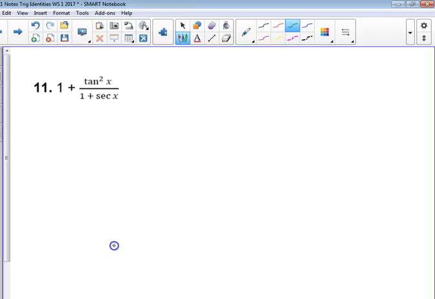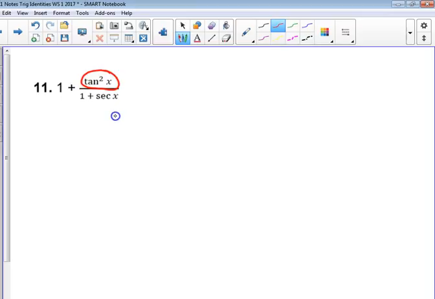11. All right. This is kind of messy because that 1 out there we really can't do much with. So I think we should just work with this piece. What do you want to try? Let's get rid of tangent squared. Is that an identity that we could get rid of it with?